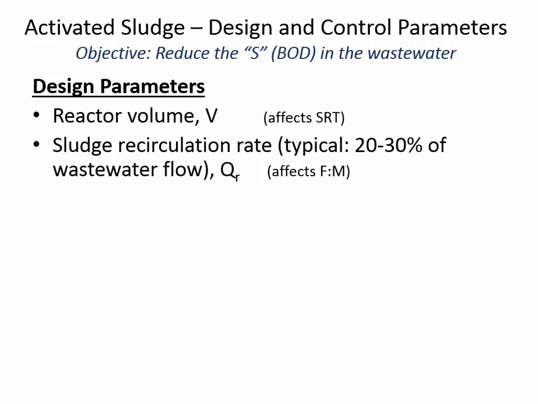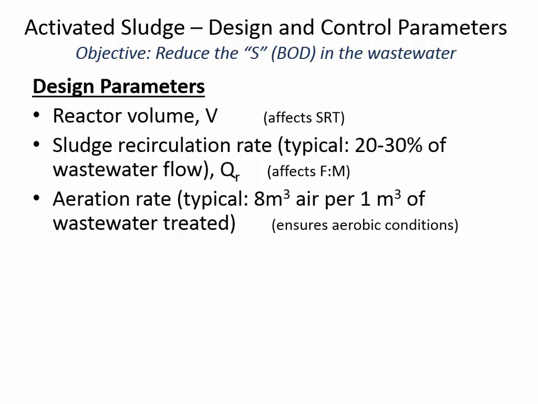When you're doing your design, you select a sludge recirculation rate, but that's something that can be changed on the fly, as conditions require. A ballpark figure is that typically 20 to 30% of the wastewater flow would be a typical sludge recirculation rate. And when you change that around, what you're affecting is the food to microorganisms ratio. And we'll go into more detail about what this ratio is and what it means.